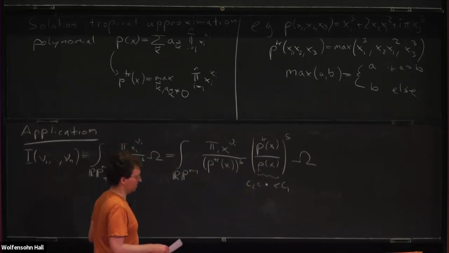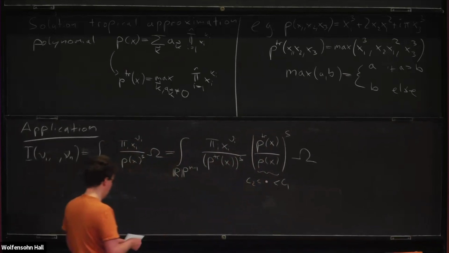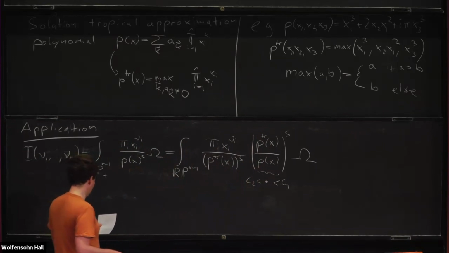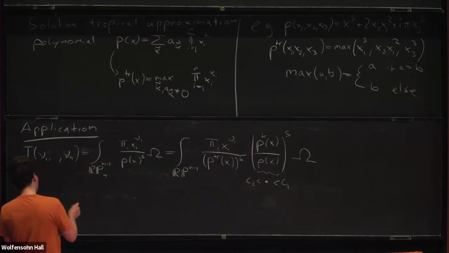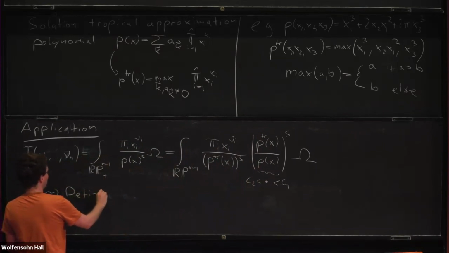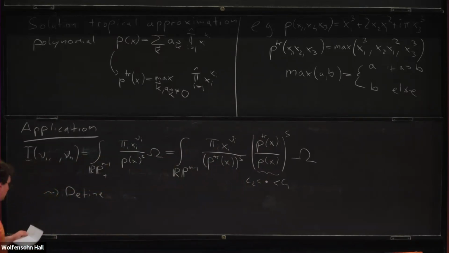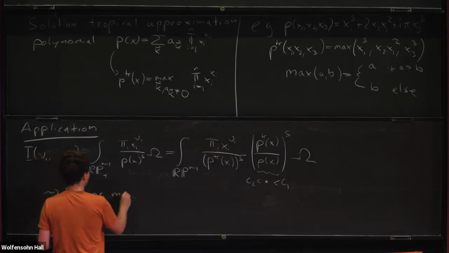So now we do a little gambling trick, essentially. We define our way out of the misery. We define a measure.